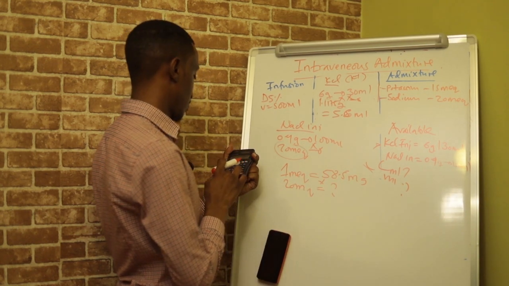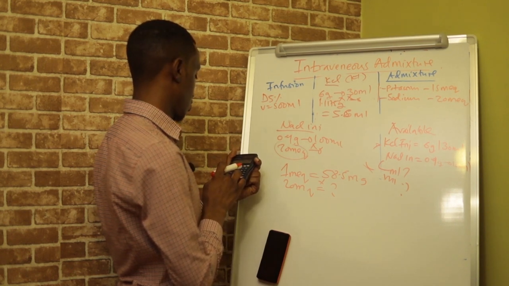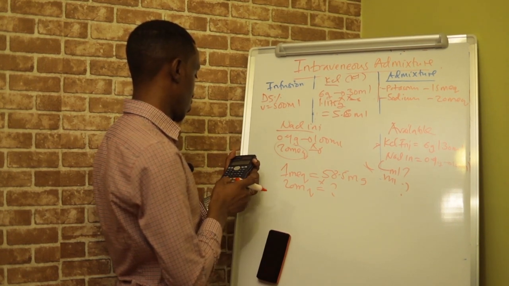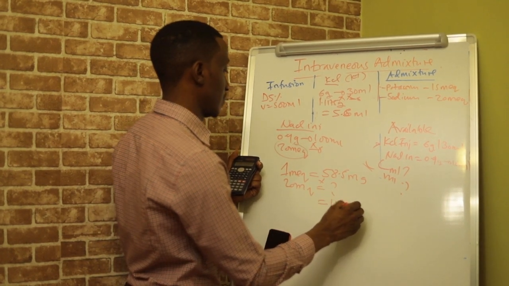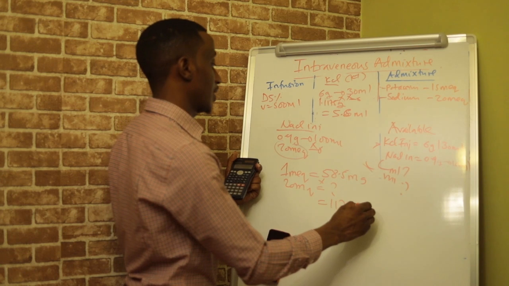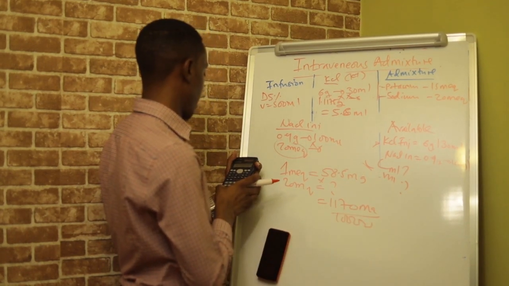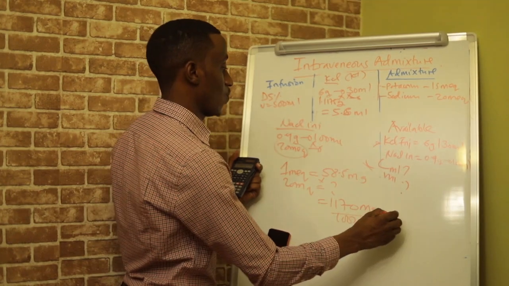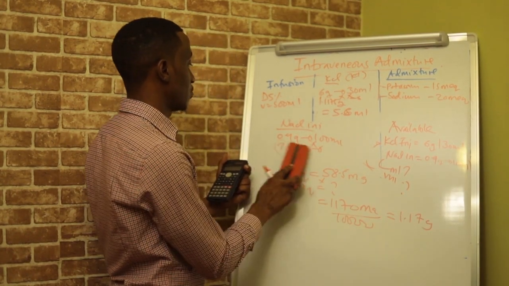Okay, this is 58.5 times 20 mEq, which is 1170 milligrams. To obtain grams, divide by 1,000. If we divide it by 1,000, that is 1.17 grams. Then substitute grams here.